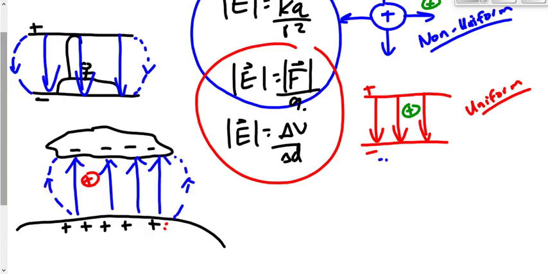So it's not quite uniform at the edges, but the only place you'll actually have to analyze it will be in the middle, where it is a uniform field. So if you see parallel plates or something like that, it's safe enough to use my uniform field equations, the red ones, even though at the edges it's not uniform. Does that make sense? Most times you don't even see it drawn like this. Most times those aren't even drawn in, but technically it is there. So just in case you see it, don't get thrown off by it.